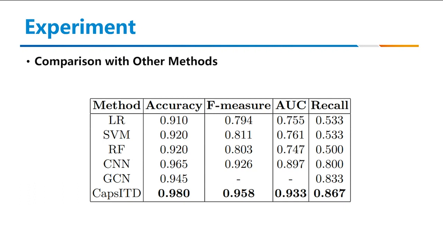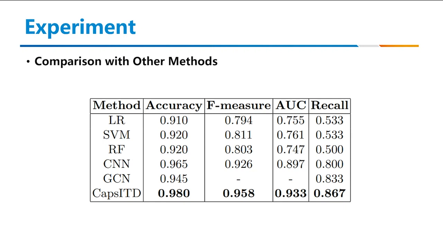This table shows the comparison results of CapsITD with other methods on the CERT dataset. We can observe that CapsITD outperformed the other 5 competing algorithms. The deep learning algorithms outperformed the other 3 machine learning algorithms.